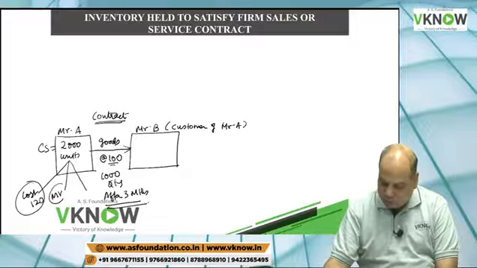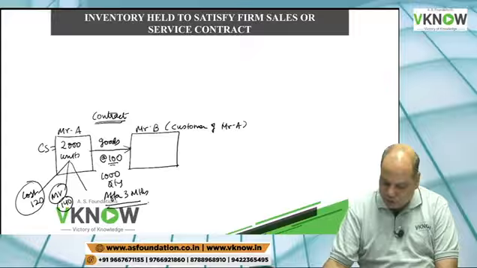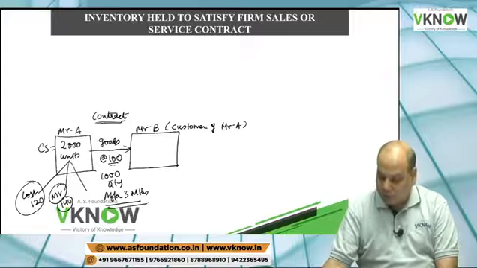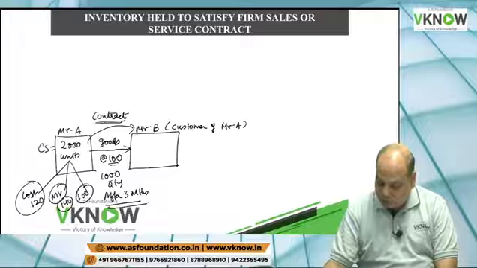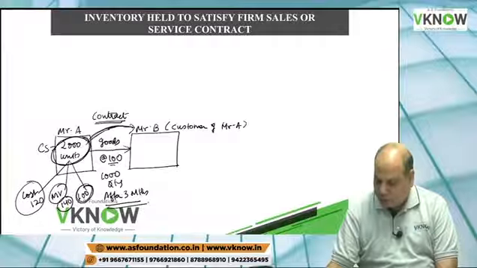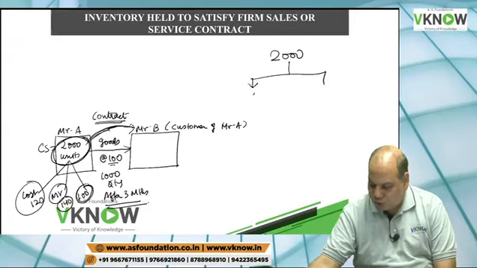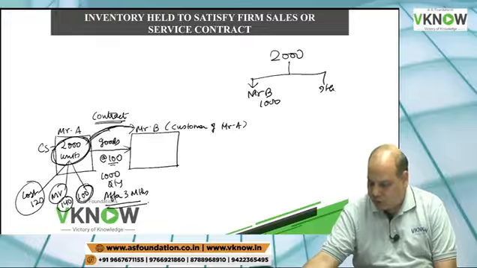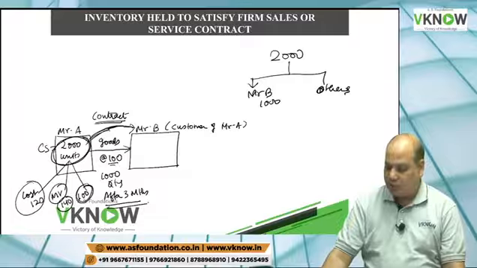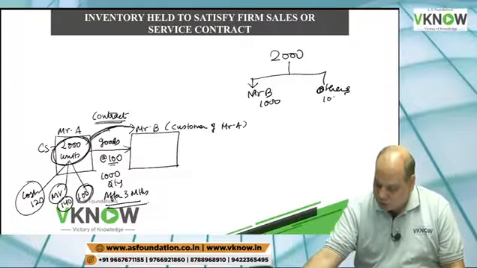Market value for other customers is 140 rupees, but with respect to B it is 100 rupees, as you have entered into a contract. Out of these 2000 units, we have to supply 1000 quantity to Mr. B, and the other 1000 I can sell to whosoever wants to buy.